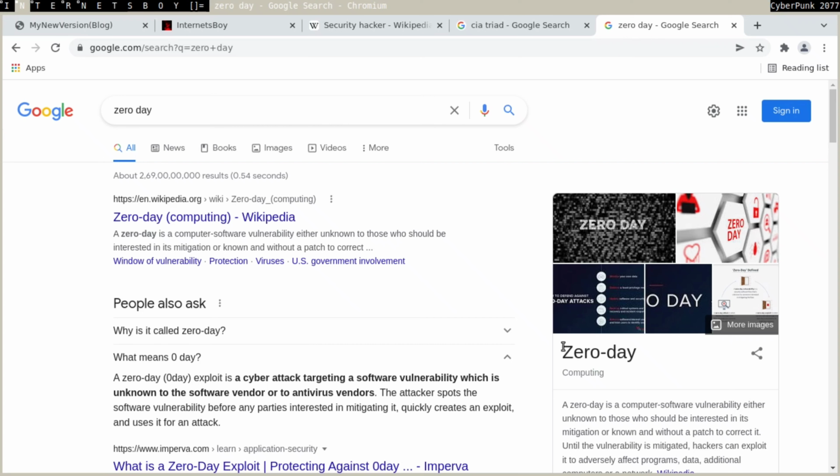That's the future. Now, when developers or ethical hackers find a 0-day exploit, they will first inform the company and also the government, because this can cause a cyber warfare.